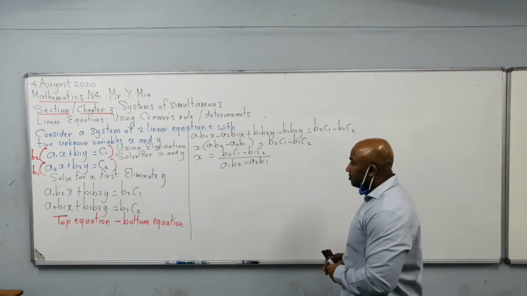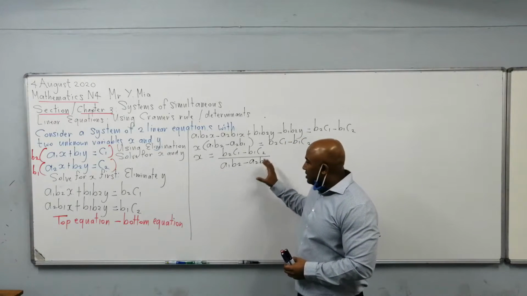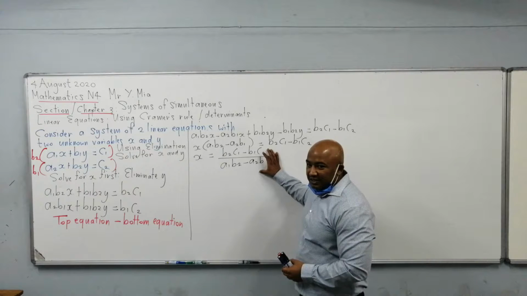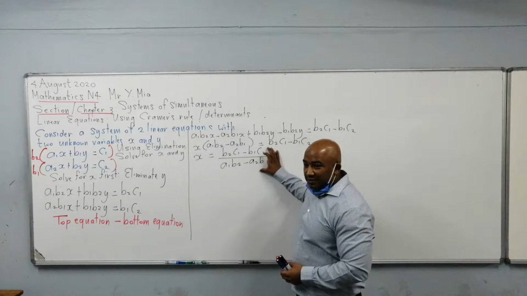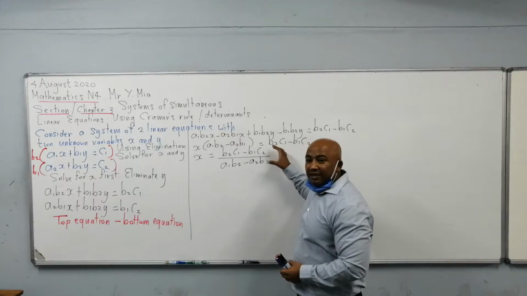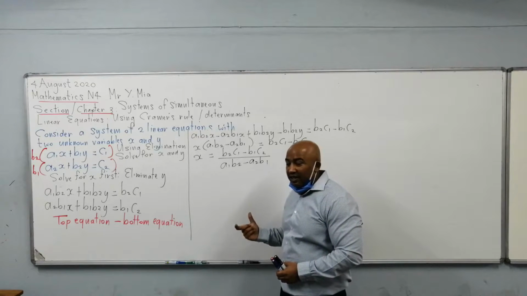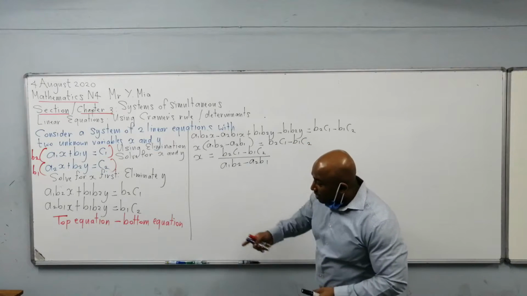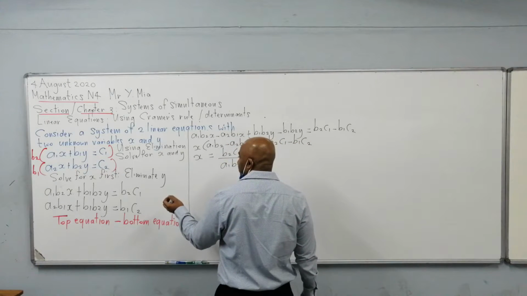Alright, so now, it took a while to get to this. This is not Cramer's rule, but with Cramer's rule you'll be able to get to this step much quicker. Okay, but this is for your understanding now. How does this come about? So let me do the other one now. Let's go back again.